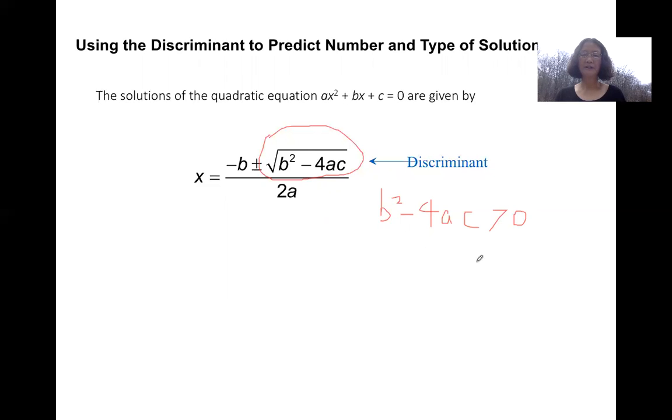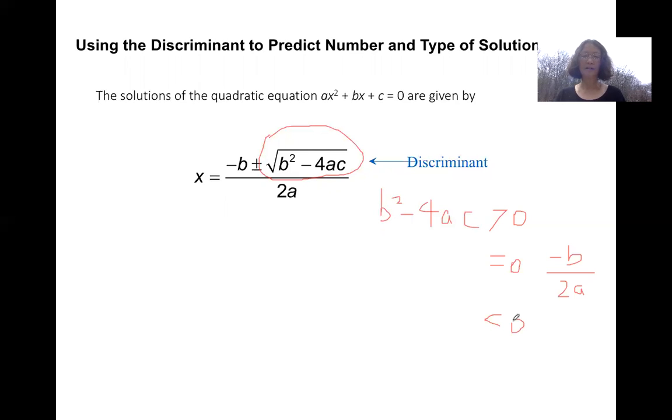When this is equal to 0, we have 2 same solutions. That solution is negative b divided by 2a. And when the discriminant is smaller than 0, we don't have a solution in real numbers, but we do have a solution in complex numbers.